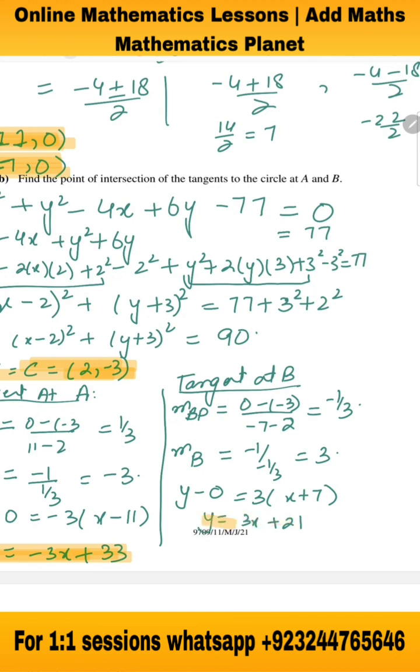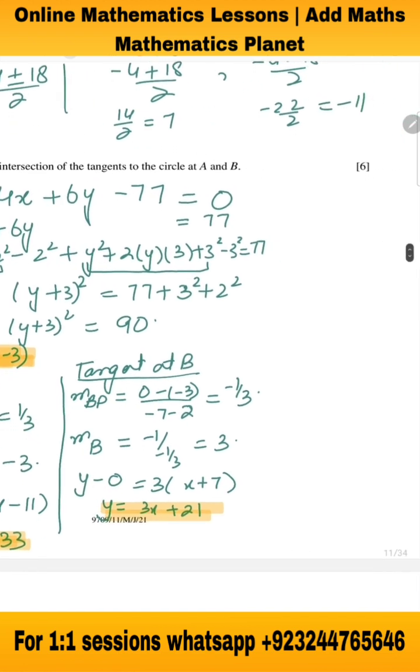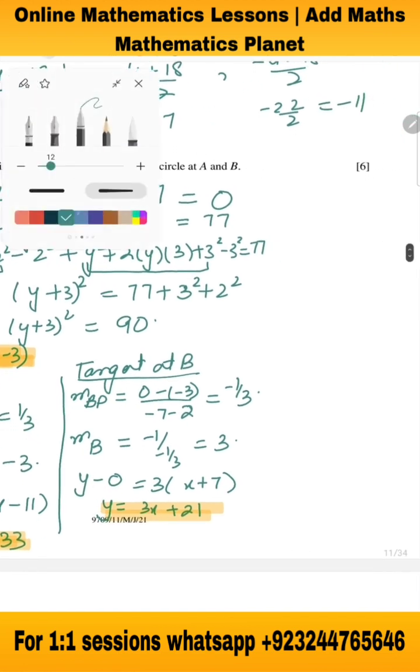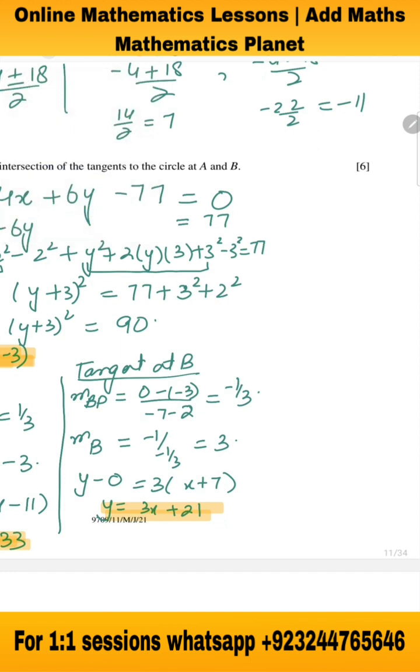This is the equation of the tangent at B, but we need to find the intersection of the tangents at the circle at A and B. So the intersection will be, we will equate both the equations and we will get the intersection. Let's suppose T is the point of intersection.